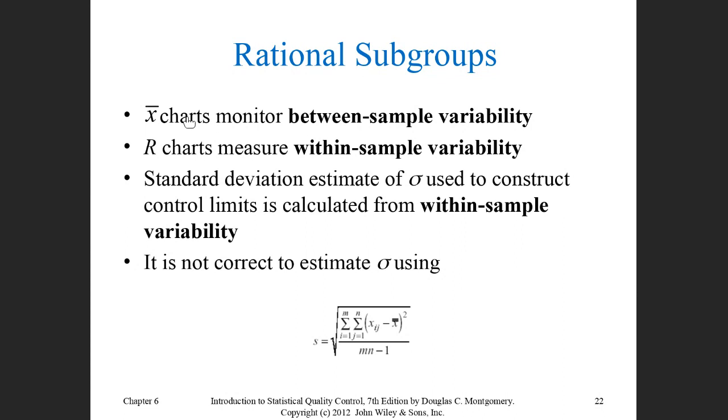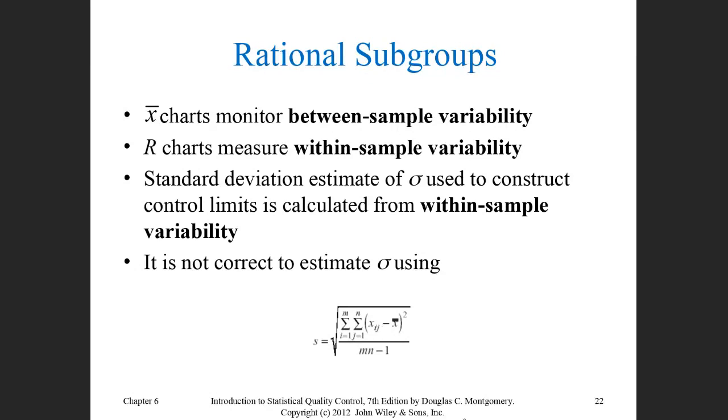But the R chart is different: within the sample you are subtracting the smallest number from the largest number. So the R chart measures the variability within the sample and the X bar between the samples. This is very important information to identify the variability or sensitivity of each of the control charts.